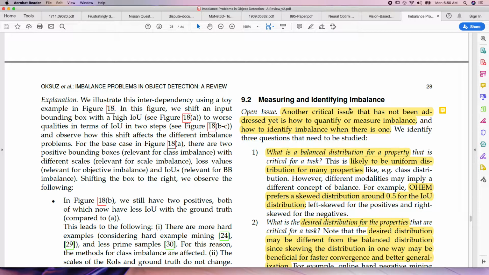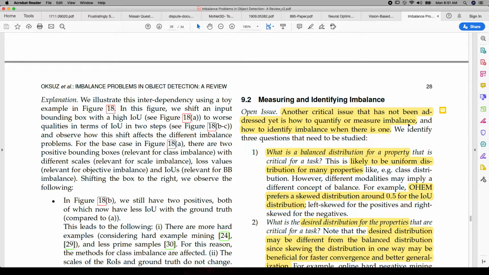Measuring and identifying imbalance. So another critical issue that has not been addressed yet is how to quantify or measure imbalance. And as of today, this paper is this year 2020.